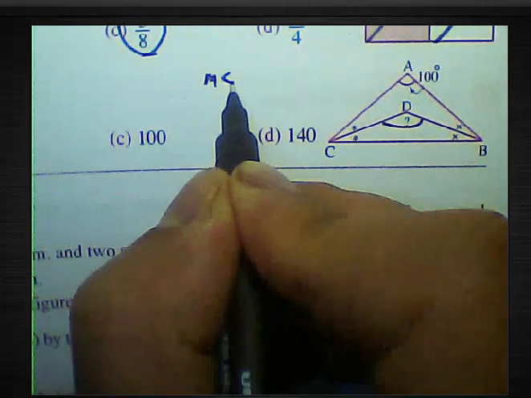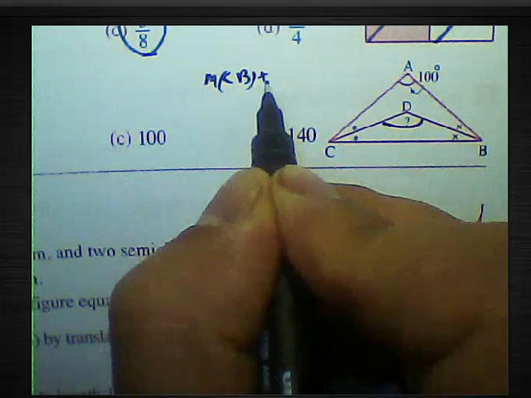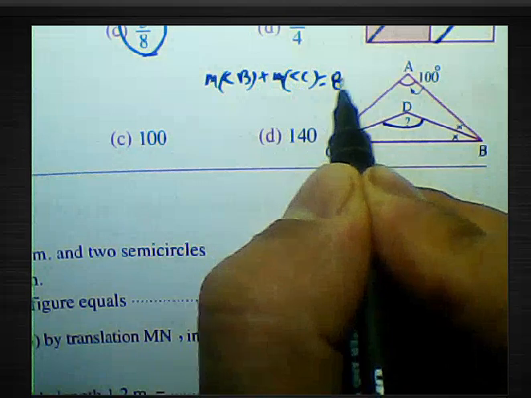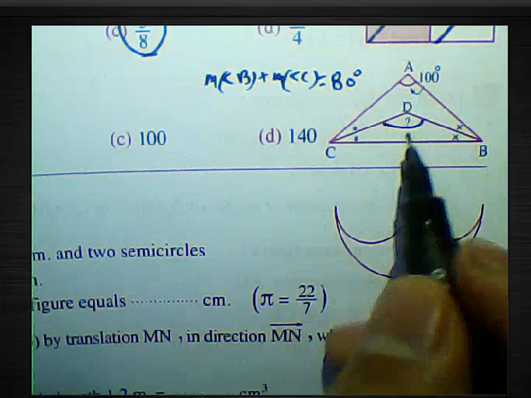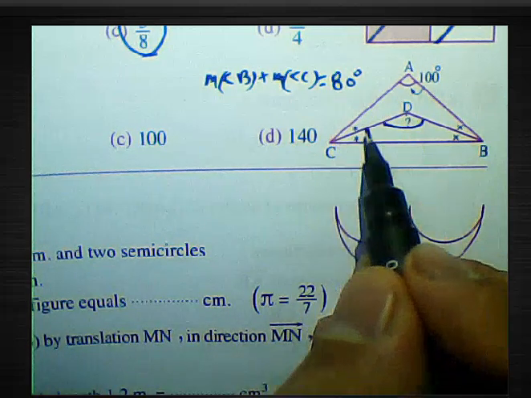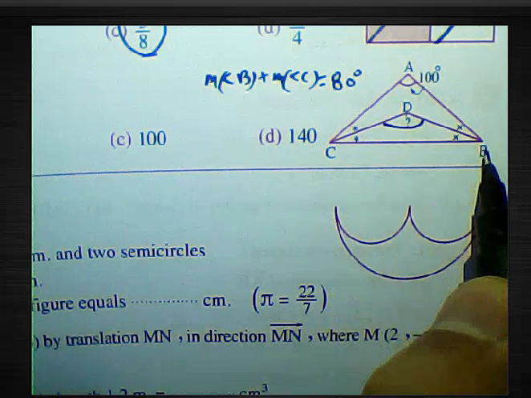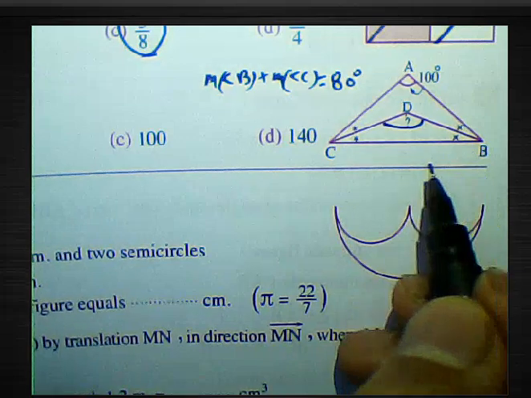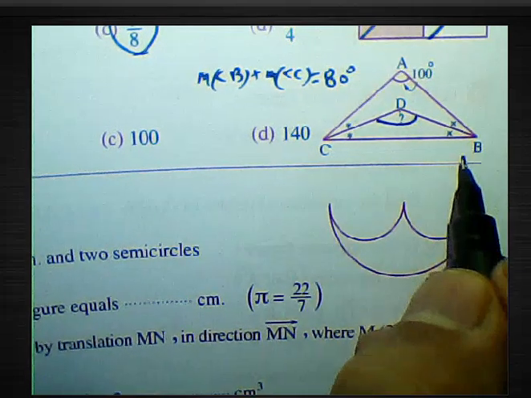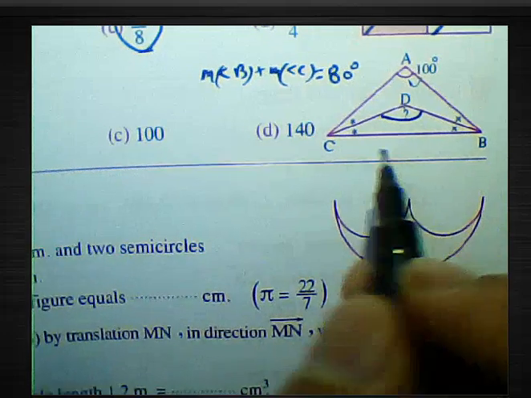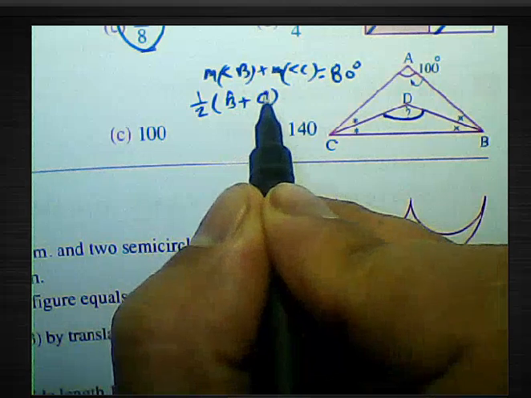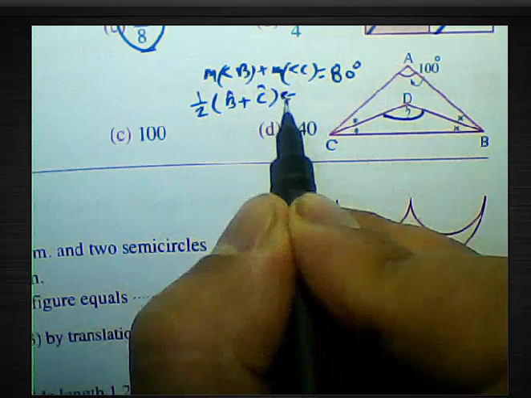The measure of angle B plus the measure of angle C equals 80 degrees, and DC bisects angle C and DB bisects angle B. Then half the measure of angle B and half the measure of angle C equal 40 degrees.